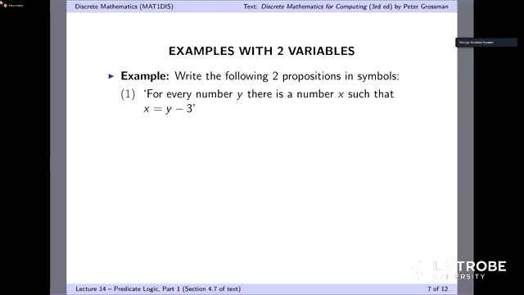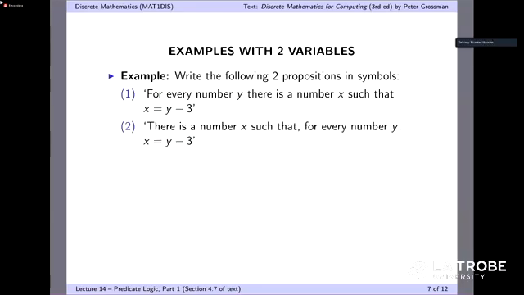Otherwise, it is false. It says for every number y, there is a number x. Suppose x is 2. That means y has to be 5. It's not true for all y. So the statement is clearly false. Agree?